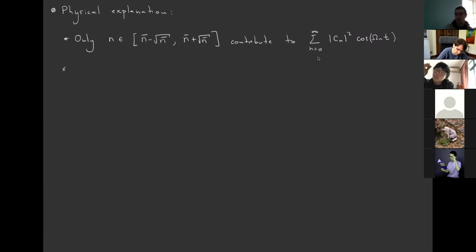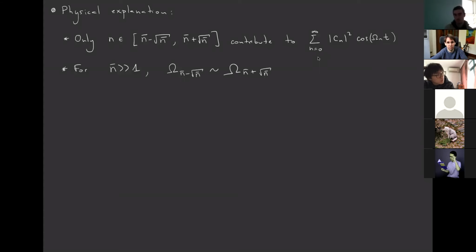On the other hand, again for n very large, note that the smallest frequency possible, which is the one associated to the lowest possible n, which we can estimate to be this one, is actually very close to the one for n bar plus square root of n bar.